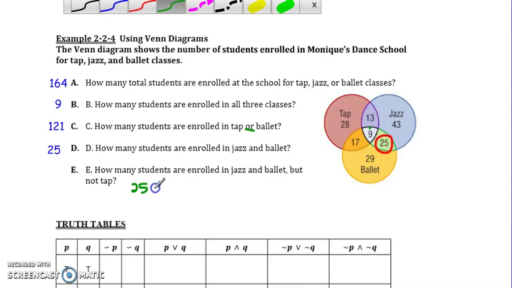So add the 9 because that would be both, but then subtract the 9. So we're ending up with 25. That's just the jazz and ballet, which you can kind of see here. Basically, this is both, but then we don't want to include the tap, so we're just talking about just those 25.